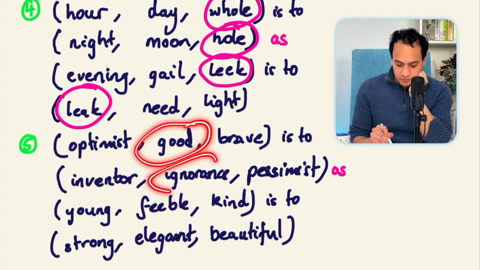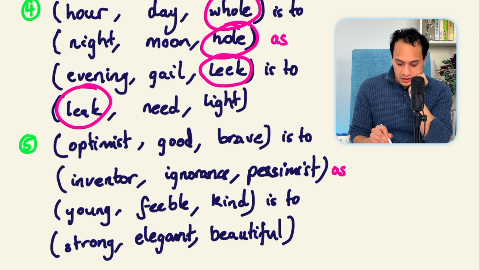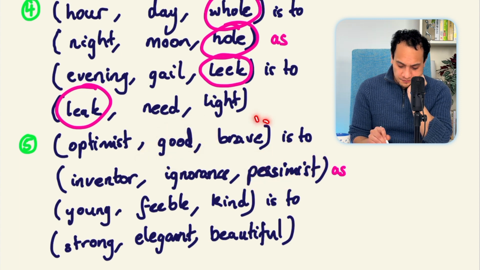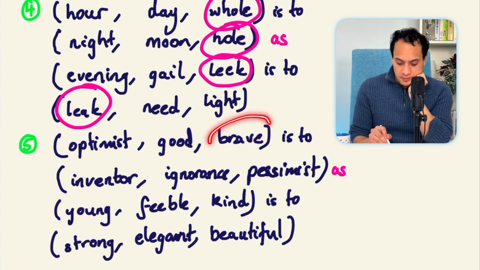You've got good and ignorance. Ignorance isn't a good thing, but again, it's not that strong of a relationship. And then you've got good and pessimist. They're sort of opposite, but not as opposite as optimist. And then you've got brave, inventor. An inventor can be brave.